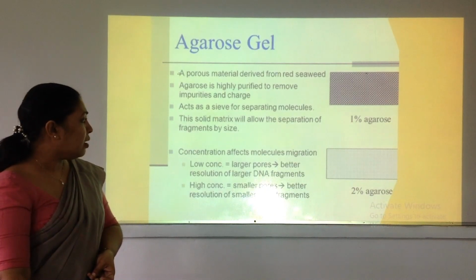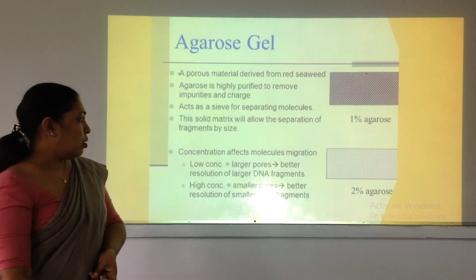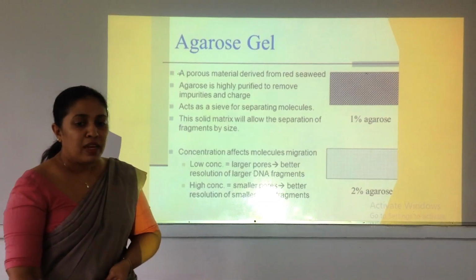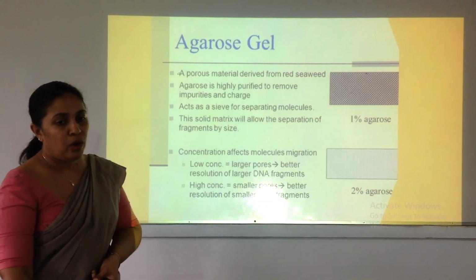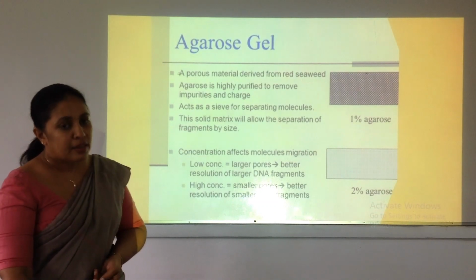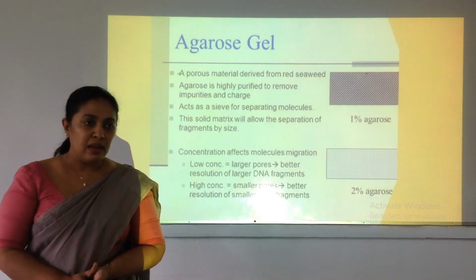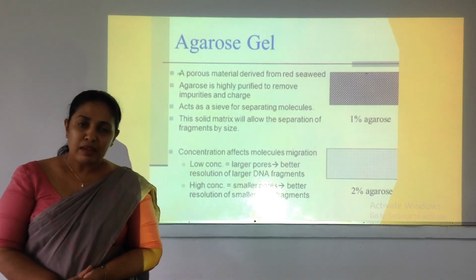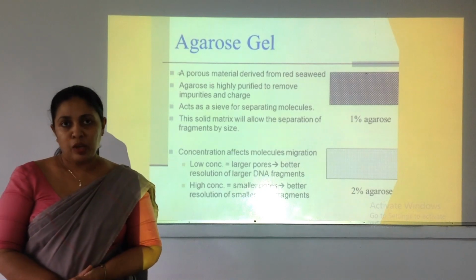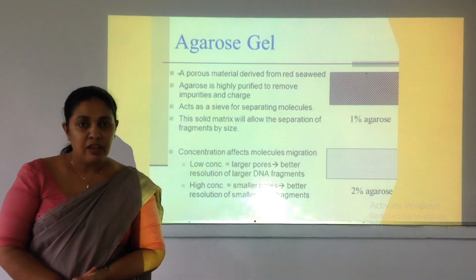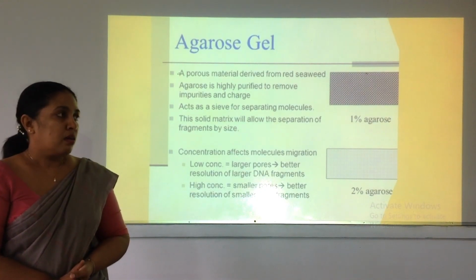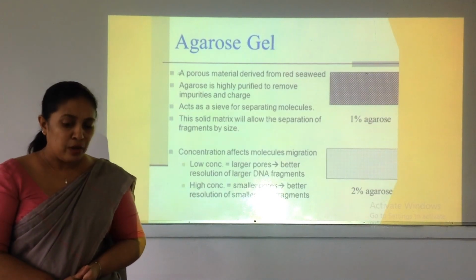It has high concentration. When the pores become very small, it is very good for small molecules such as DNA fragments. DNA is a larger molecule, but in research work we need to make it into pieces. So those DNA fragments are separated by high percentage agarose gels.